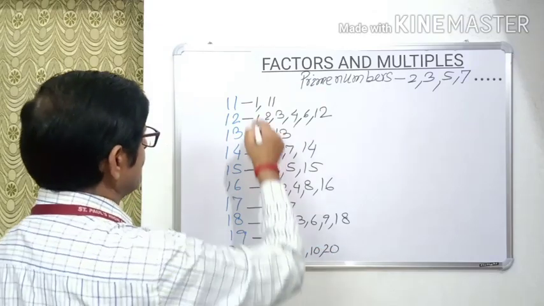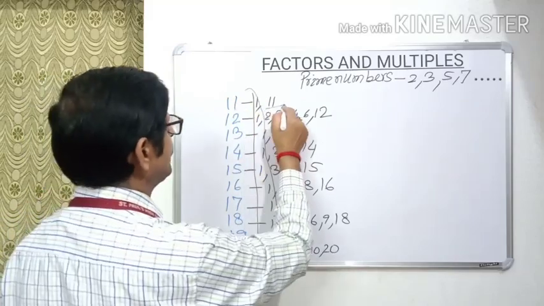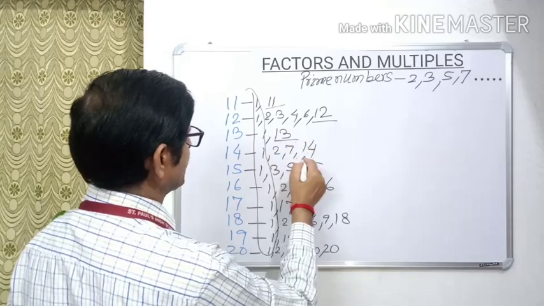See, 1 is a factor of every number, and every number is a factor of itself.